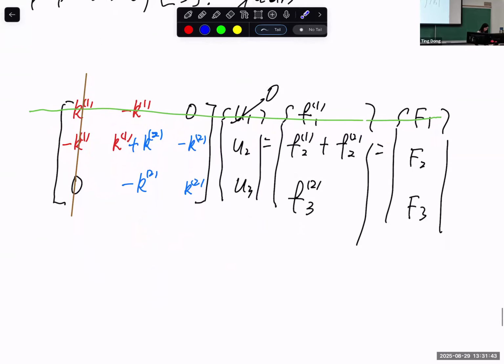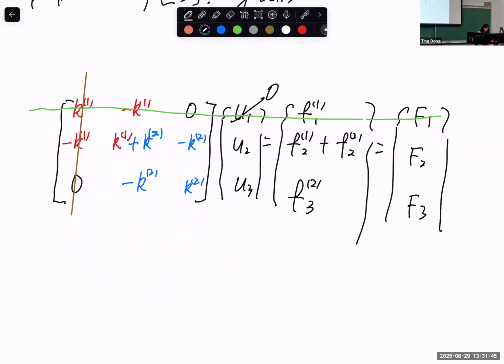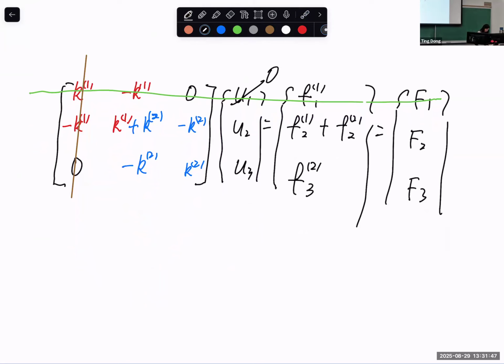So let's write it down. How we apply boundary condition.